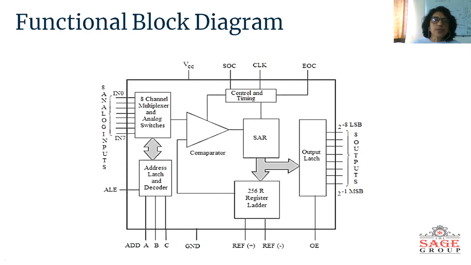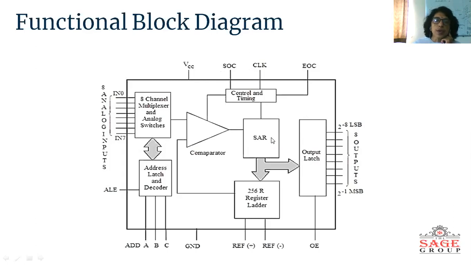The conversion process starts only when we provide the signal at the start of conversion pin. Clock signal is provided, and when we give the start of conversion signal, the conversion process starts.